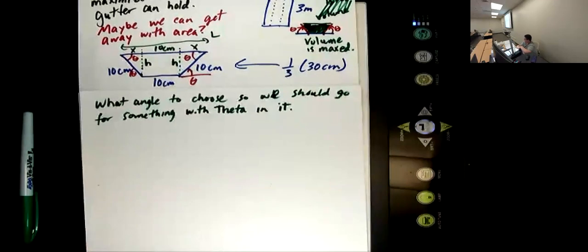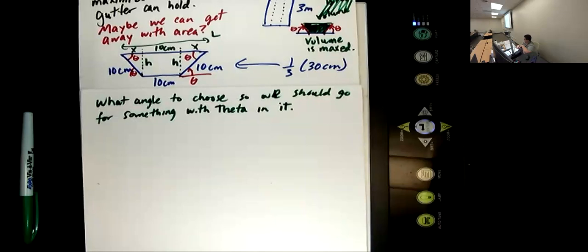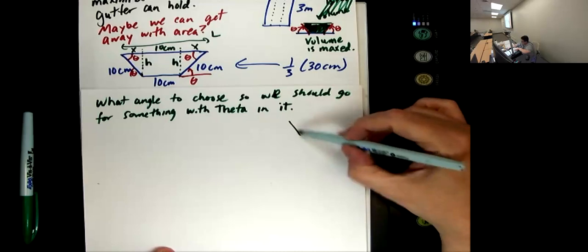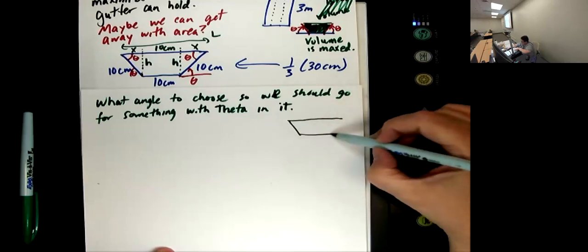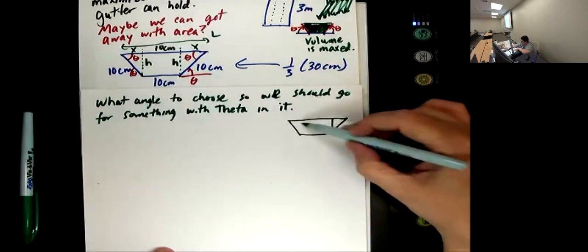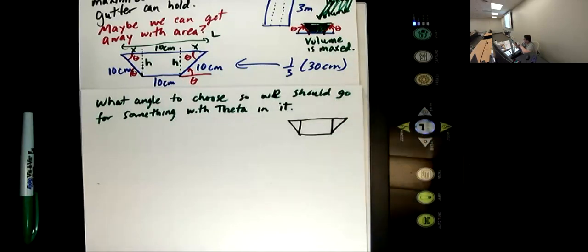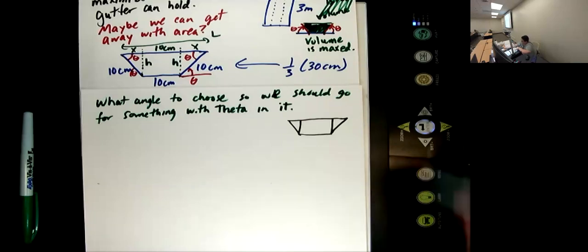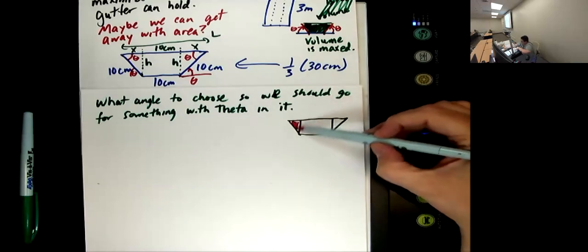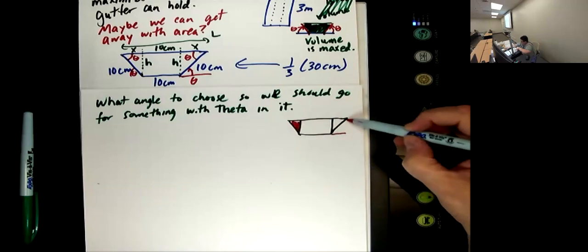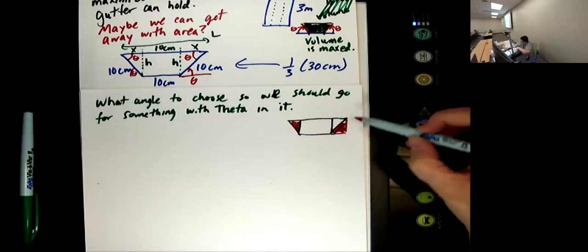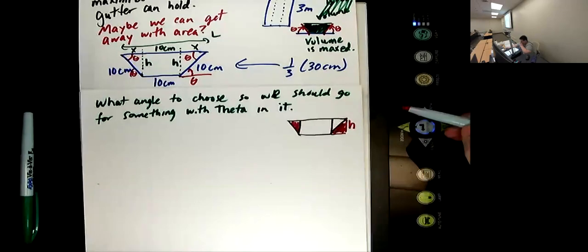Does anyone know the volume of a trapezoid or the area of a trapezoid? It's actually kind of neat. It ends up being 1/2 the sum of both. The way I remember it is we grab this piece and we fill it in over here, and so the height stays the same.